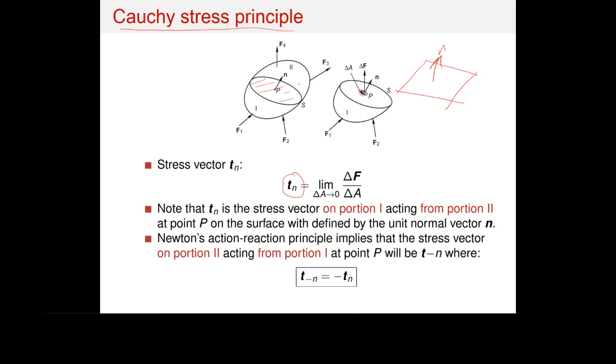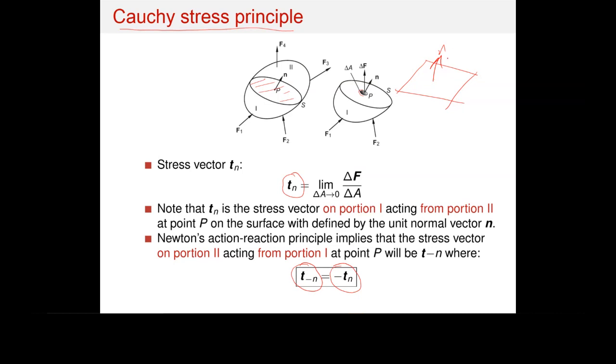Now, if you do the same thing on the other half, I mean, you are dividing this into two parts, the same plane is going to apply again on the second part. And based on the equilibrium, you'd assume that the stress vector on the first part is equal to the stress vector on the other part with a negative sign. See, the normal on the other half is going to be minus n, the definition of it.